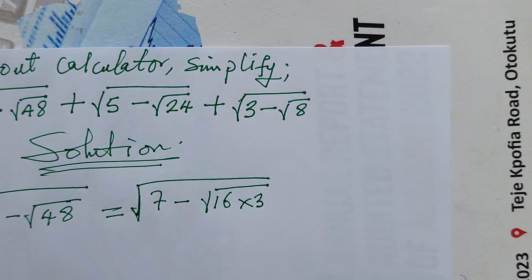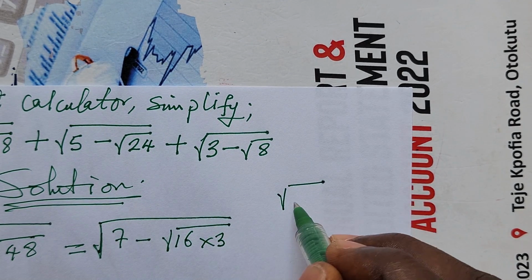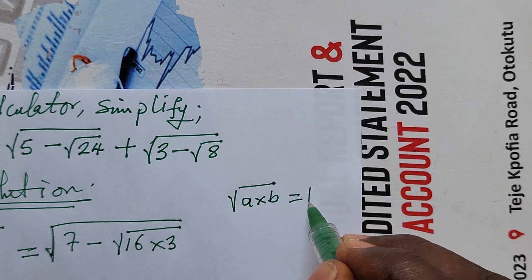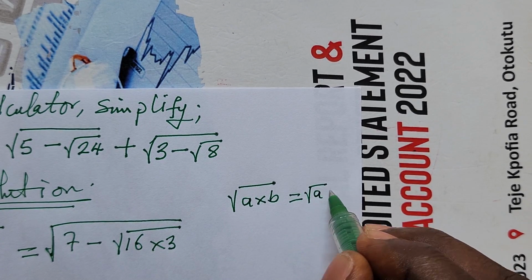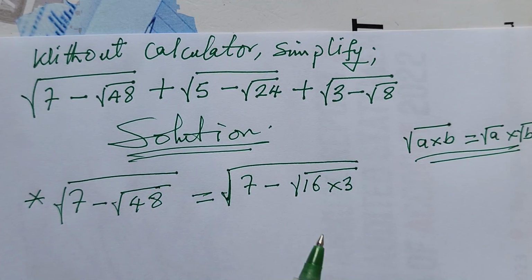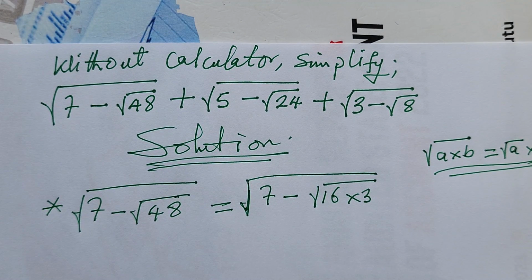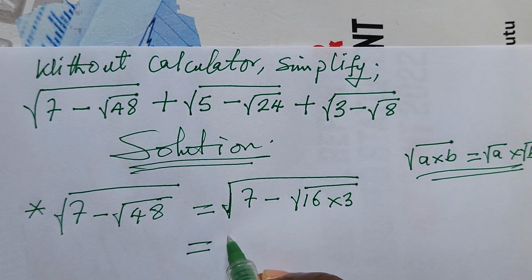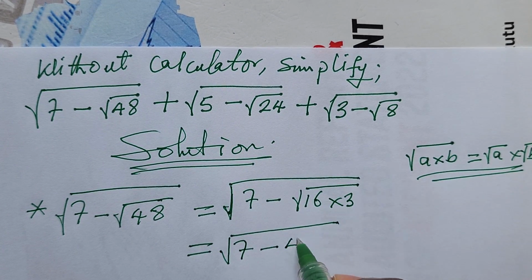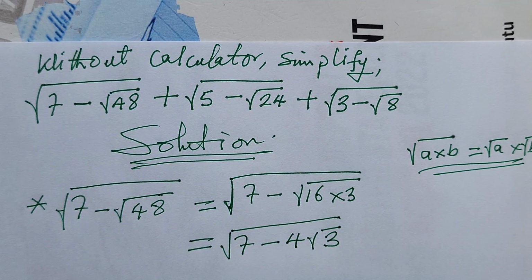Remember the law of surds. If we apply that here, 16 is a perfect square, that will give us 4. So this could be rewritten as the square root of 7 minus 4 times the square root of 3.